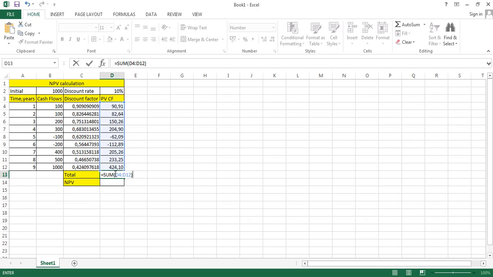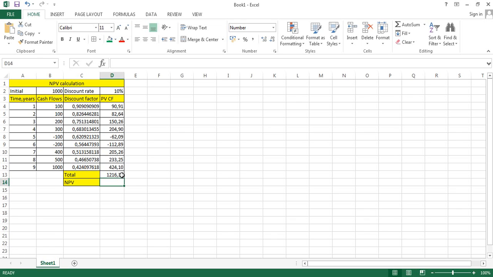It's important to close all the brackets. Sometimes Excel can help you and solve an unclosed bracket, but it's highly advisable to close all the brackets you open. So you press enter, and this is the total sum of the present value of cash flows you will have.